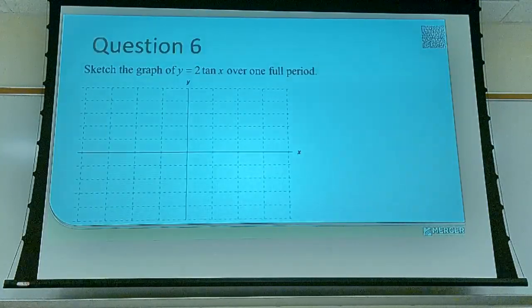Instead, we call it the stretching factor. Again, it should be equals. We have a stretch factor of 2. It does have a period, pi.